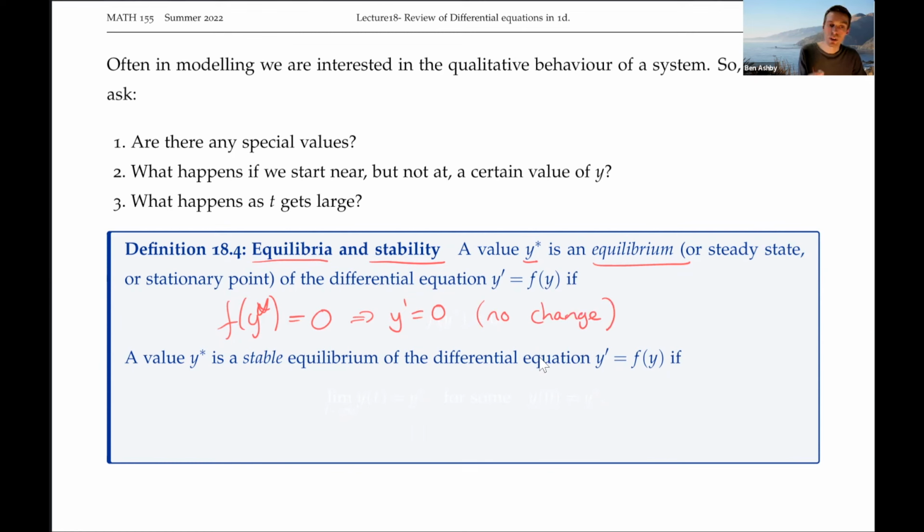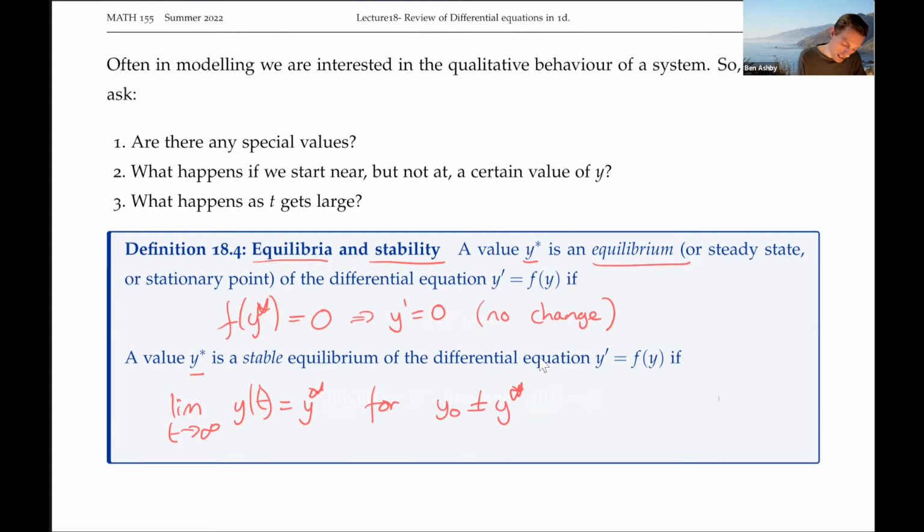So we might want to know whether you move towards that point or away from that point, and that refers to its stability. So we say that a value y star is a stable equilibrium of this differential equation if the limit as t tends towards infinity of y(t) is equal to y star for y0 not equal to y star.